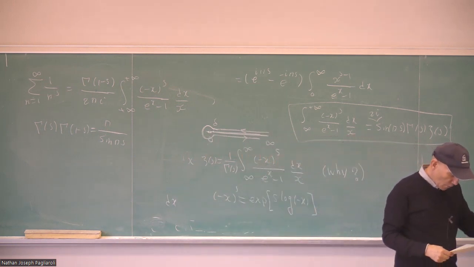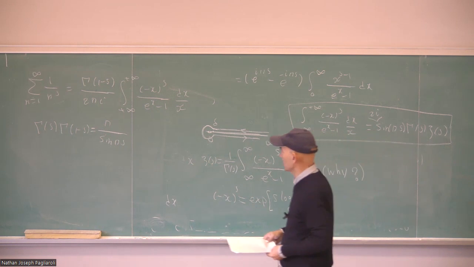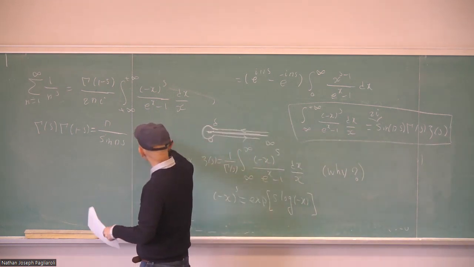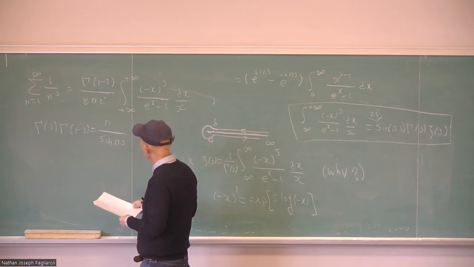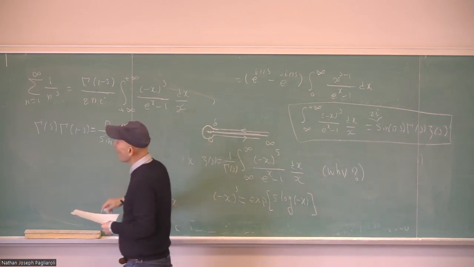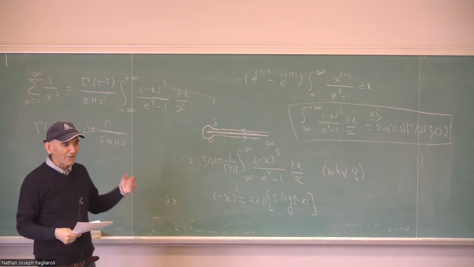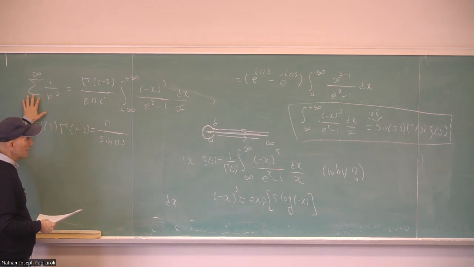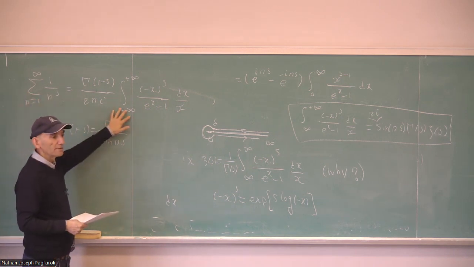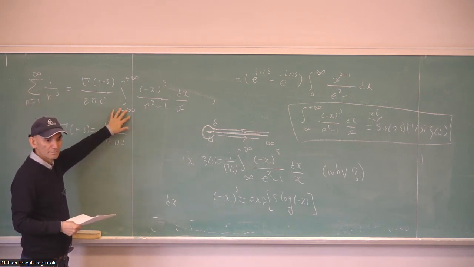Now here is the magic. If you think about this formula, this is quite a magical formula. Why? You see, the left-hand side is only defined for real part of s bigger than 1, obviously. But the right-hand side is defined for all s.